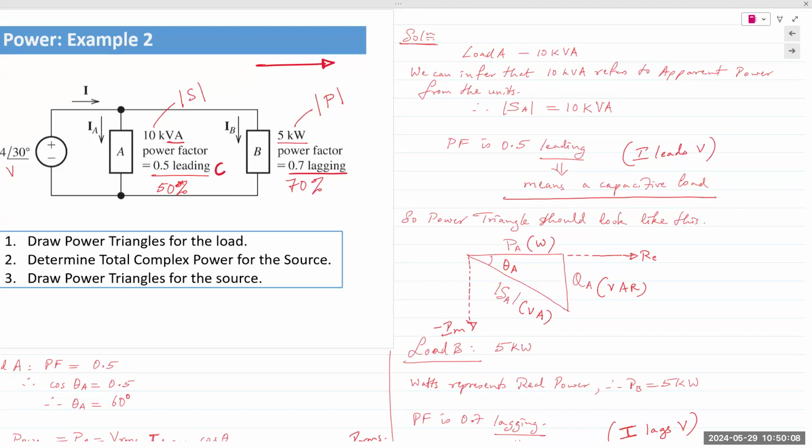So this is a capacitor. This has an inductor. It also has a resistor in there because there is a power angle. There is some real power associated with both. So it is R plus C and R plus L. That's what it means.